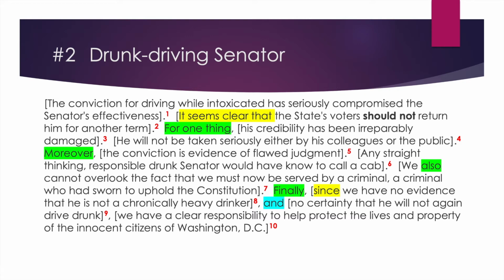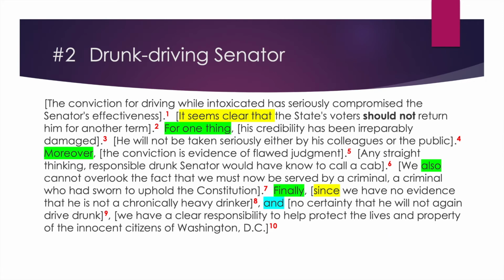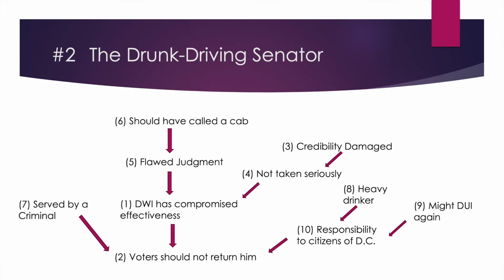So let's look at how this tracks out in the final diagram. So we go back to what we identified earlier with the should not return him. Voters should not return him. And indeed, that's the conclusion of the argument. So it goes at the bottom. It's the final point to which the rest of the argument leads.